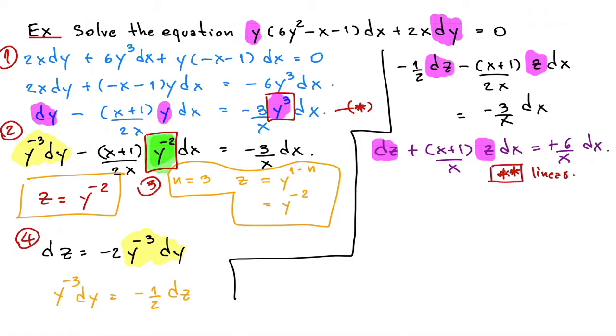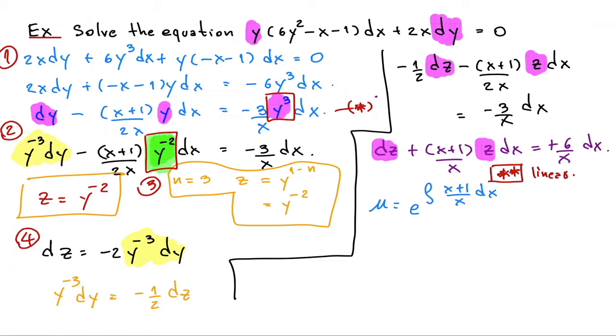Becomes linear. So as you remember, I would let mu be e to the integral of the coefficient in front of z to the power of 1. So it is the integral of (x plus 1) divided by x dx.